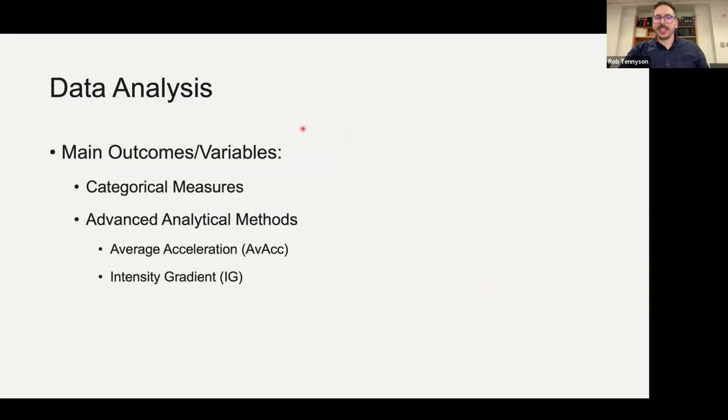Basically going to cover what the main outcomes or variables are that people usually use and that you can decide to use. And then you often need to make some really big decisions on the data analysis side for modeling and hypothesis testing.